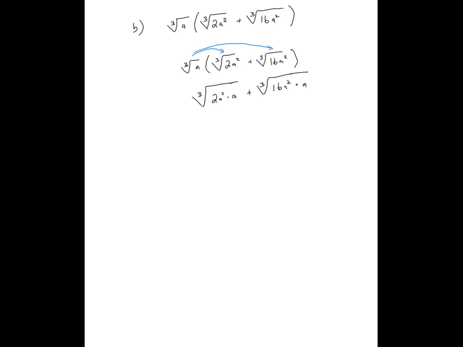All right, now we're pulling in groups of threes. Take a look here. That definitely comes out, leaving us with an a. All we're left with is a third root of 2. Over here, that a is going to come out.